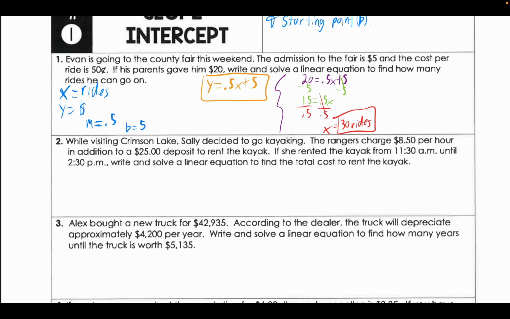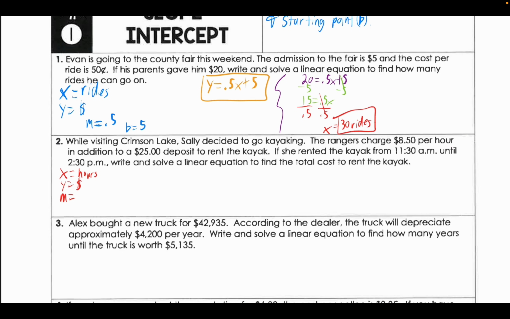So far, we have two variables, once again, and one variable is the fact that we're charging per hour to rent this kayak. And so one variable is going to be the number of hours, and that'll be our x, where the y is going to be the total amount of money spent on the rental.